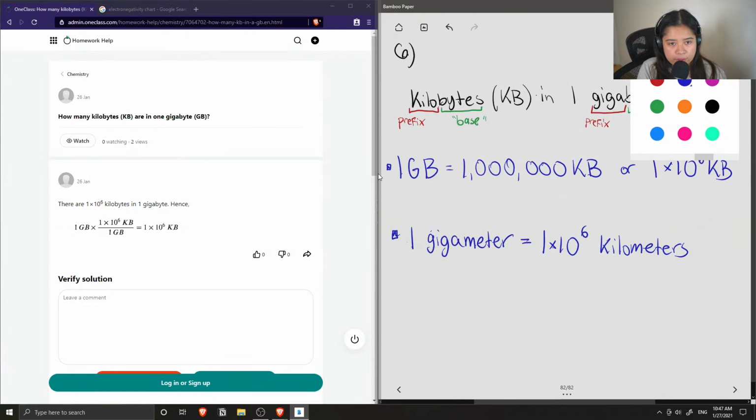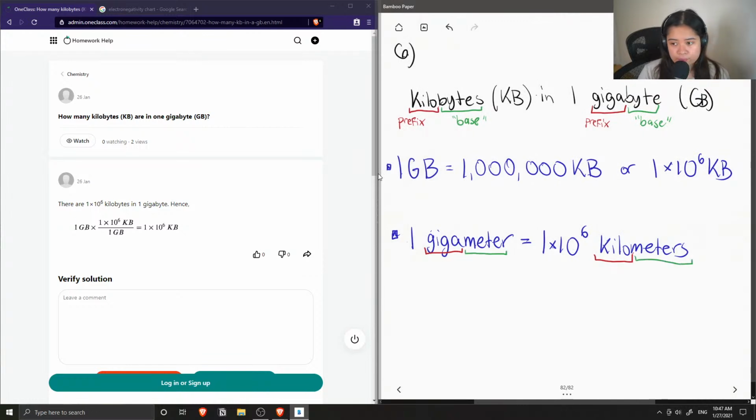And the reason for this is because of these prefixes that can help us convert from different units, whatever is easier. So the reason why gigameter isn't really used for our purposes like traveling is because cars don't usually travel 1,000,000 kilometers to go somewhere.